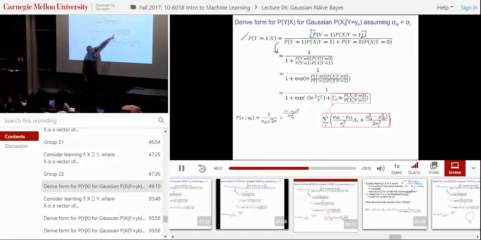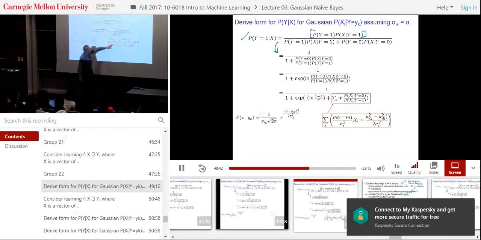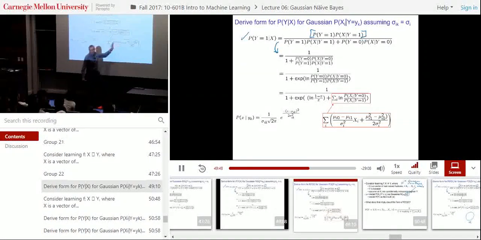So if you work it out, you take the log of this ratio, and again, we are assuming that sigma depends only on i and not on y_k. But if we make that assumption, then it turns out this equals this. So it's the sum over i of the logs of those, but those are just this.